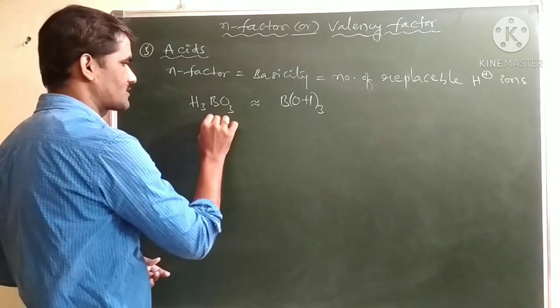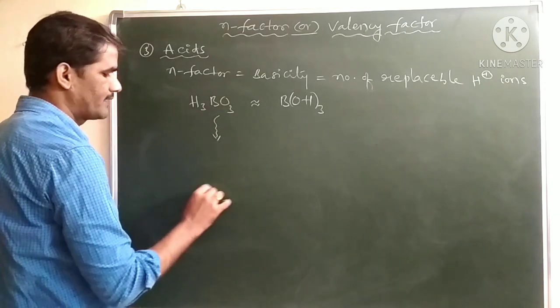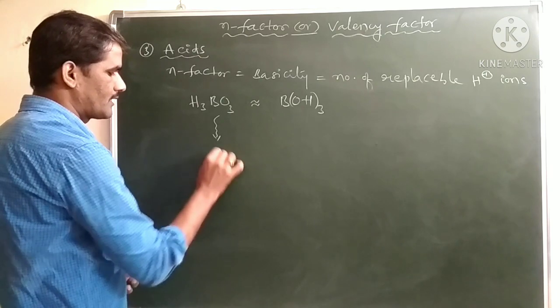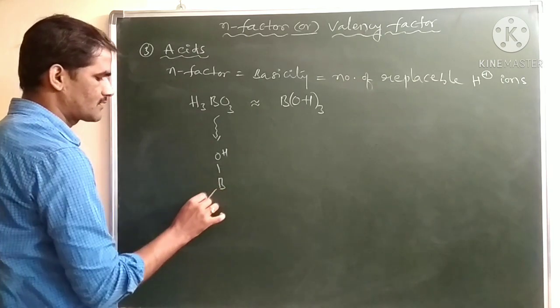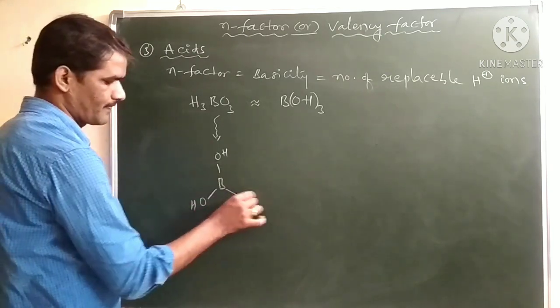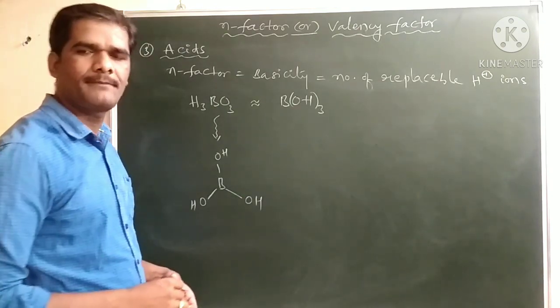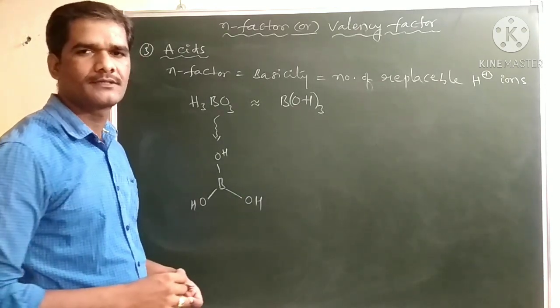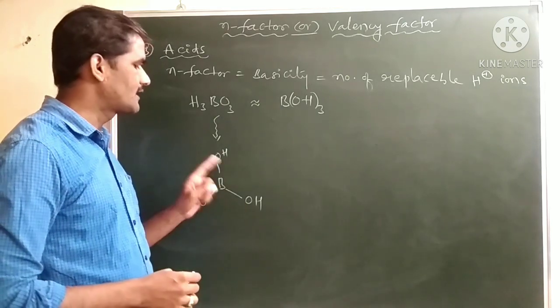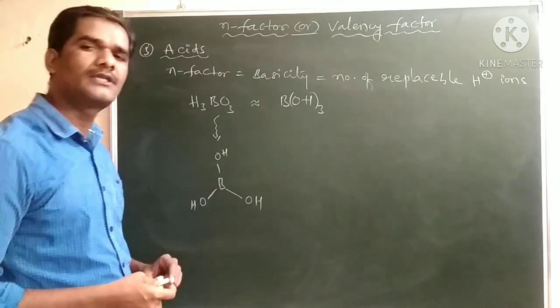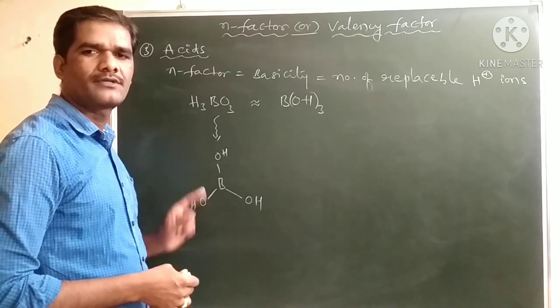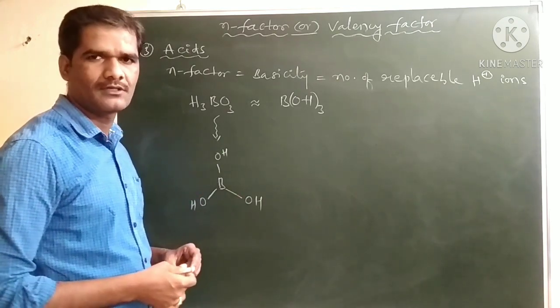Why? If you see the structure of H3BO3, it is a trigonal planar structure. As I said in the previous case, H3PO2 and H3PO3, only the hydrogens directly linked to the oxygen are replaceable. The hydrogens directly linked to the phosphorus are not replaceable.